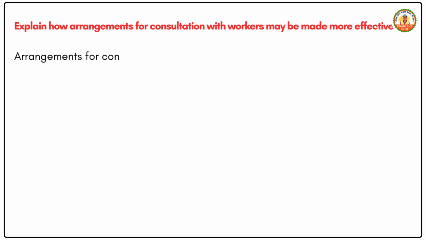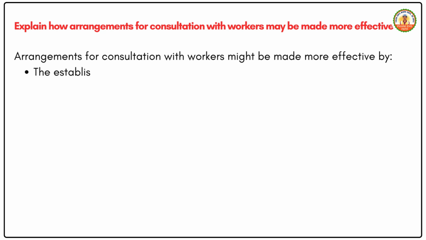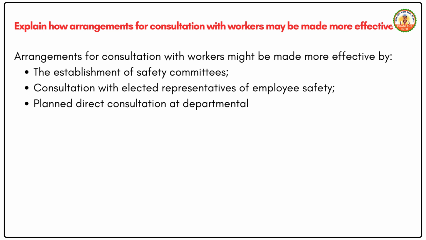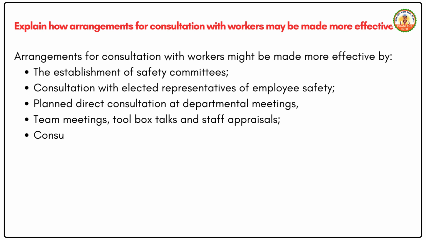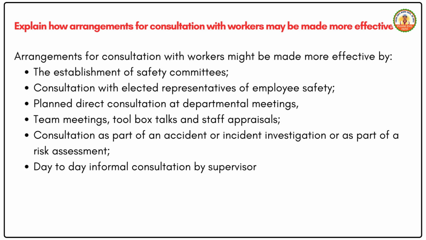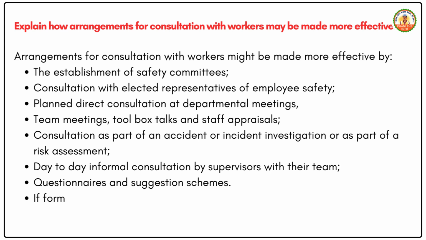Arrangements for consultation with workers might be made more effective by the establishment of safety committees, consultation with elected representatives of employee safety, planned direct consultation at departmental meetings, team meetings, toolbox talks and staff appraisals, consultation as part of an accident or incident investigation or as part of a risk assessment, day-to-day informal consultation by supervisors with their team, questionnaires and suggestion schemes.